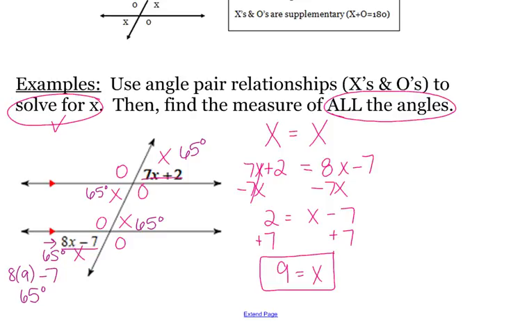What about my o's? What do we know about x and o? They're supplementary. So 180 minus 65 leaves my o's at 115 degrees. All my o's are the same. So these are all 115 degrees.